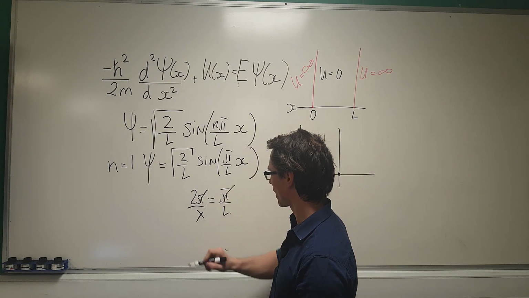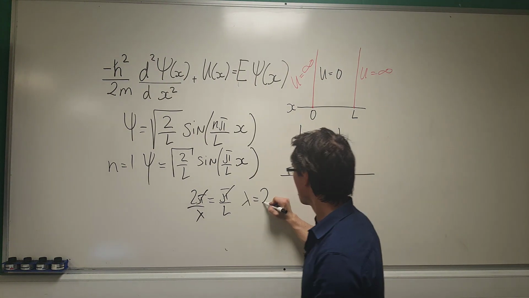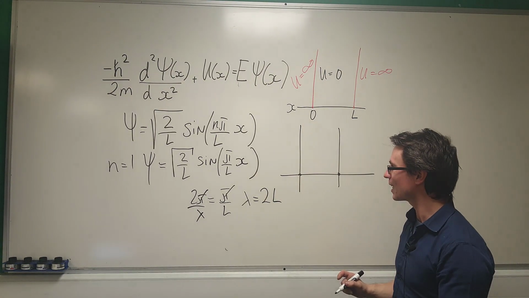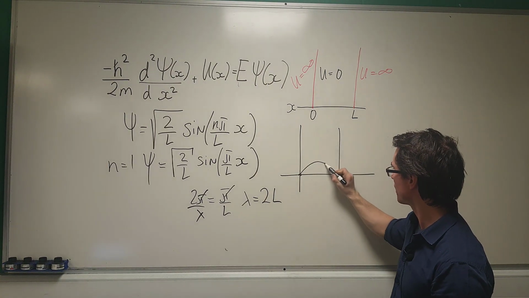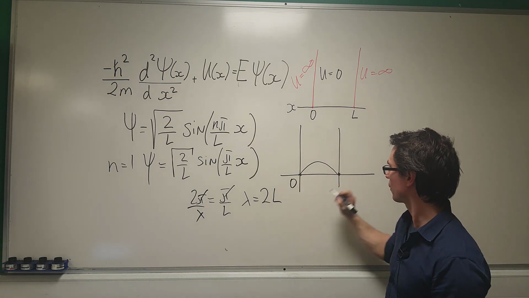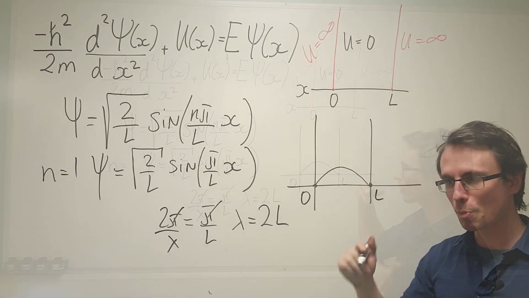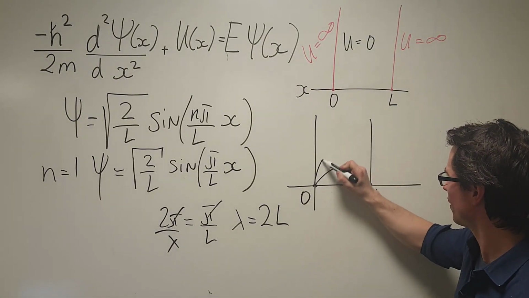And if we do some cancellations, and essentially if we just rearrange for the wavelength, we find that the wavelength is equal to twice the length. If that's the case, this means that about half of a sine function will be found between 0 and L, which means that if we're to map the probability of finding the particle between 0 and L, it's going to be somewhere above that.